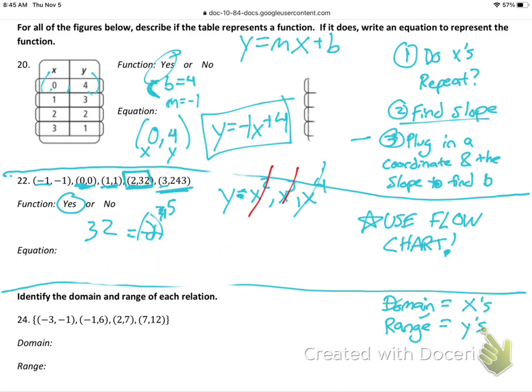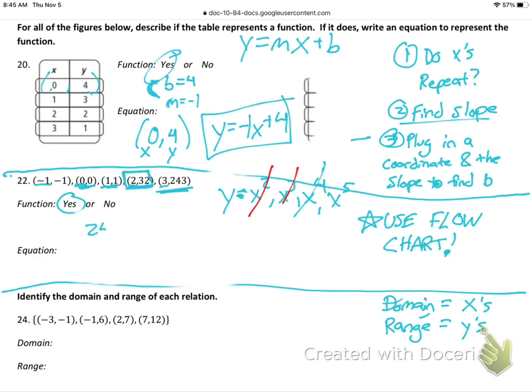So as of right now, our answer is going to be x to the fifth. But let's take a quick look and make sure, because we always got to check our work. So what we would do is, we would try it on that last one.